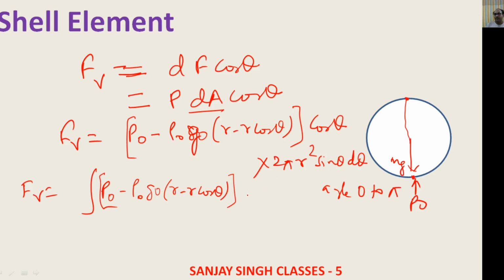Further, 2 pi r square we can write outside, and then cos theta sin theta d theta, and this will be a definite integral from 0 to pi. Let us solve this definite integral in the next slide.